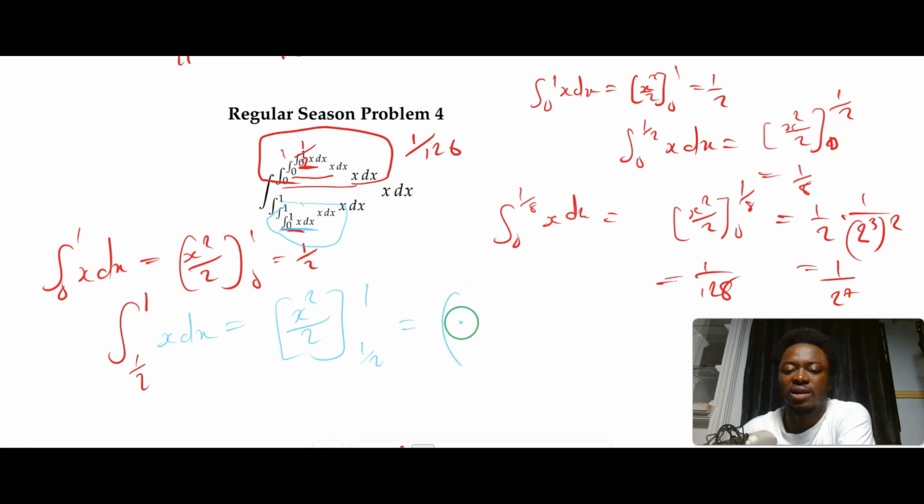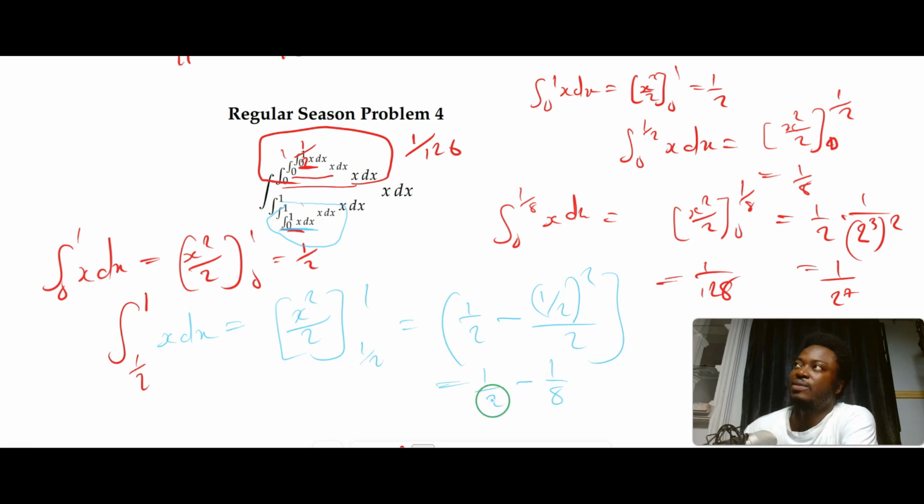So which is 1 over 2 minus 1 over 2 squared over 2, which is half minus 1 over 8. So we can multiply by 4. So that is 3 over 8, right? So that should be giving us 3 divided by 8. I hope we are correct, because if you make any mistake here, it's going to be brutal.